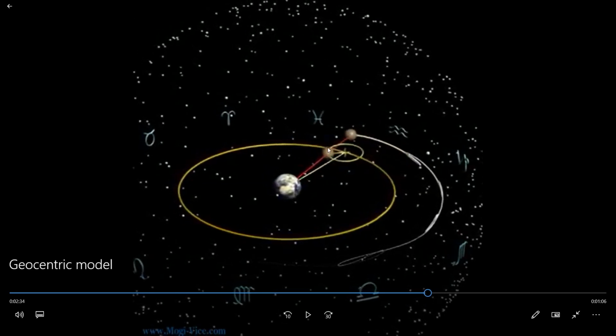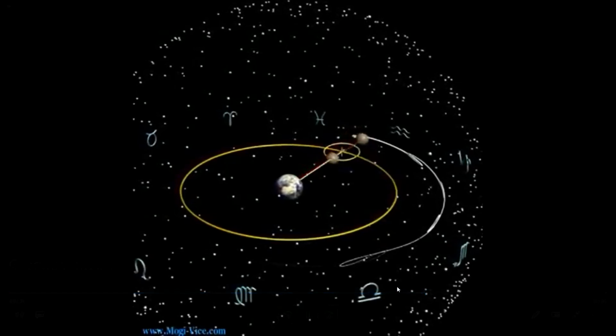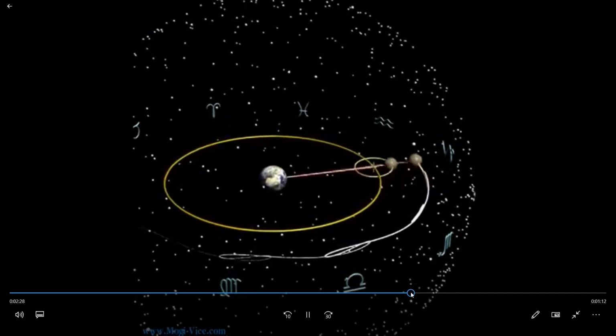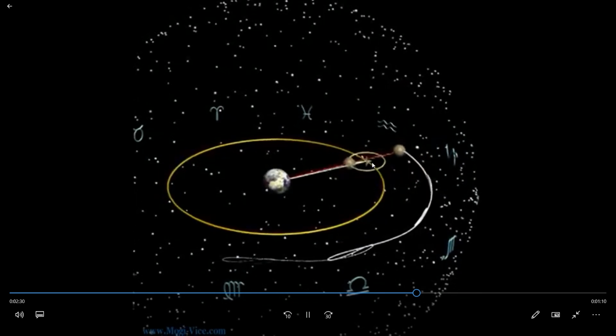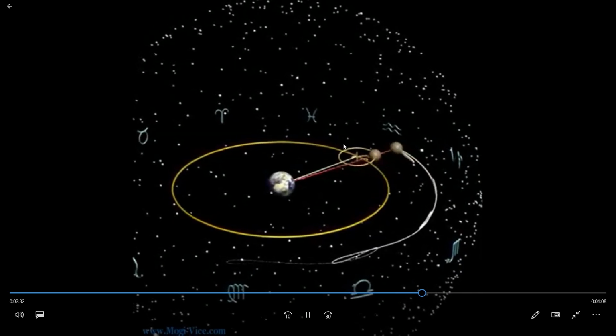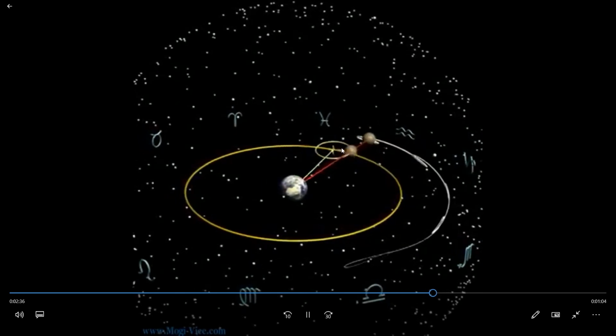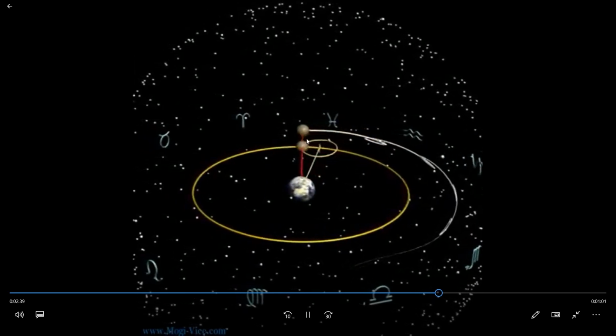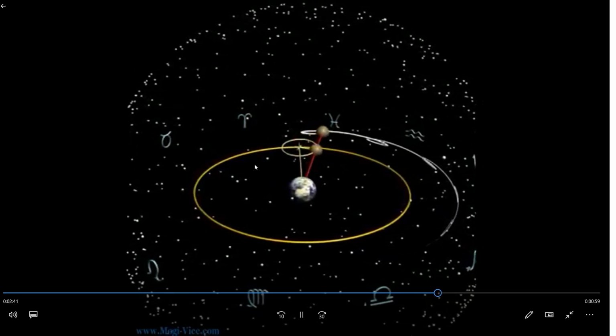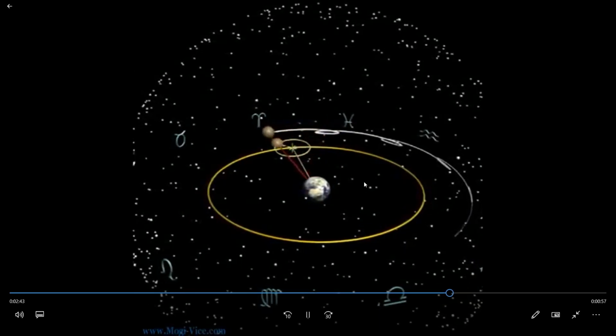First of all, this planet is the same as this planet, but we draw circles to make things clear only. So look at the circles. It's revolving around the Earth, and it's revolving around the axis. So revolving a small circle and continuing with a big circle.